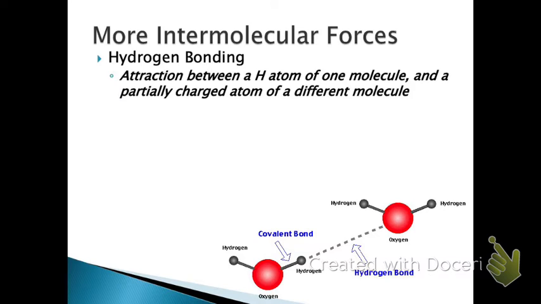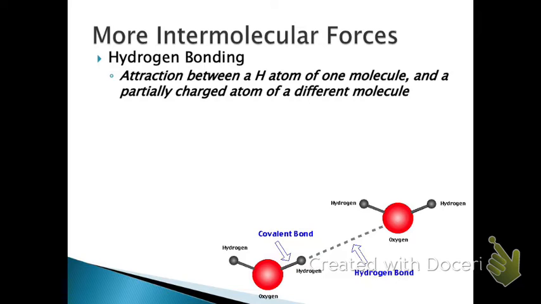So in order for molecules to have hydrogen bonding, what's the one atom they have to have? If my substance is going to have hydrogen bonding taking place, what atom has to be present? Has to be hydrogen, right? I cannot have hydrogen bonding if my molecules don't have hydrogen in them. Agreed?